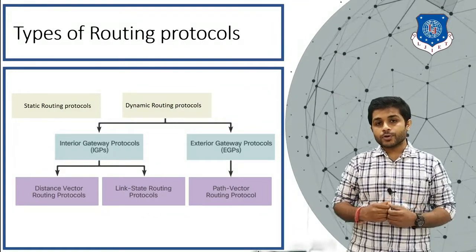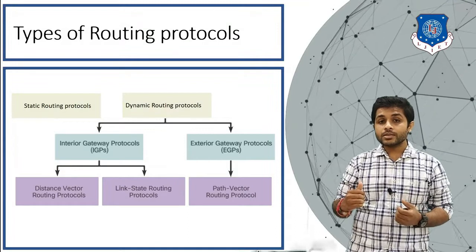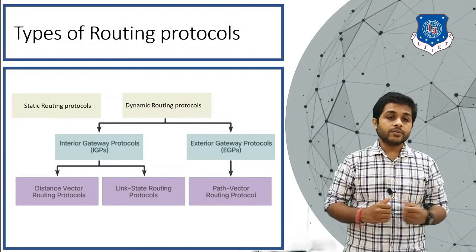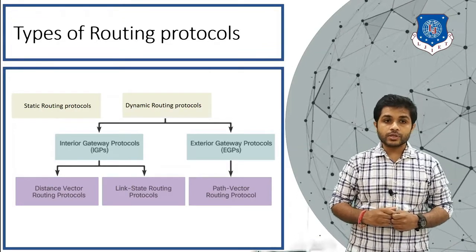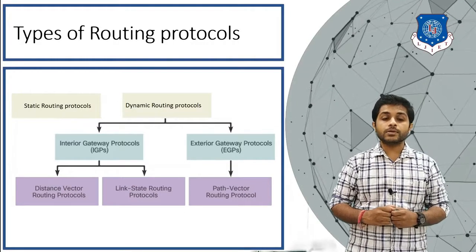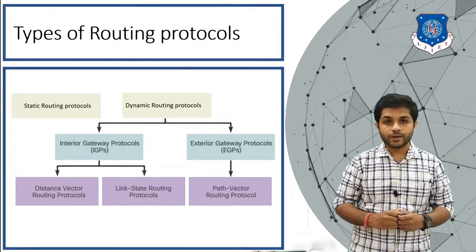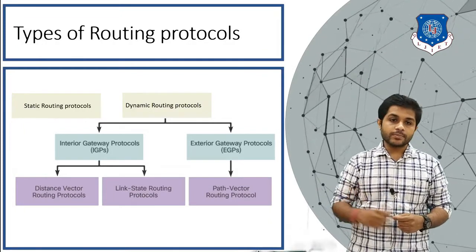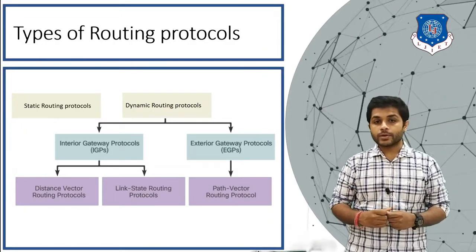Exterior gateway protocols are used between different autonomous systems. The interior gateway protocols have two types: the distance vector routing protocol, and the second one called the link state routing protocol. The exterior gateway protocol has only one type, which is called the path vector routing protocol.